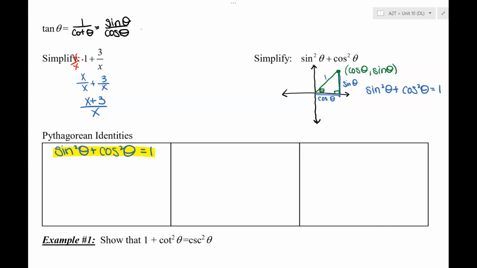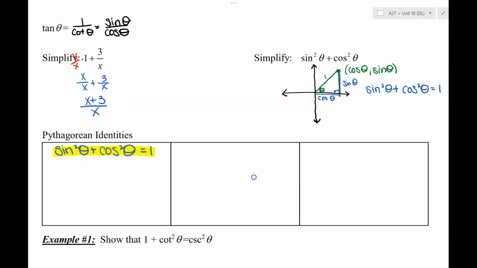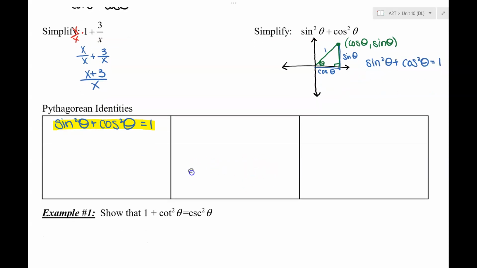How? Well, think of it this way. If I have sine squared theta plus cosine squared theta is equal to 1, it's not really where I want to do it. Let's do it down here. Sine squared theta plus cosine squared theta is equal to 1. And I divide everything by sine squared theta. Why not? I'm just playing around, moving some stuff mathematically. I am allowed, right?